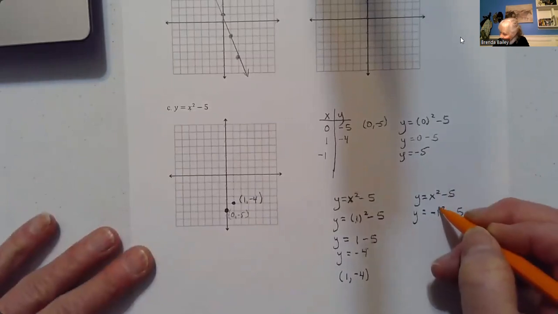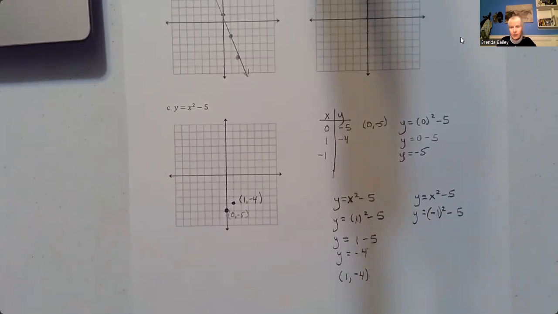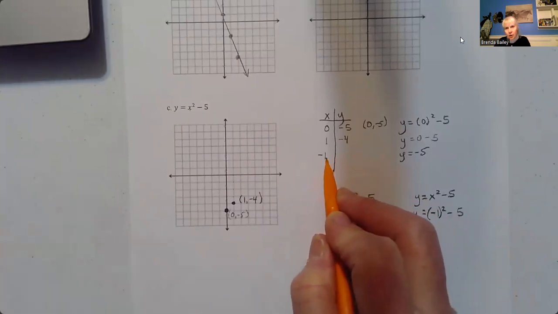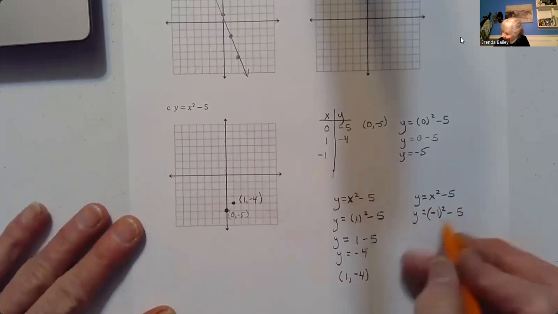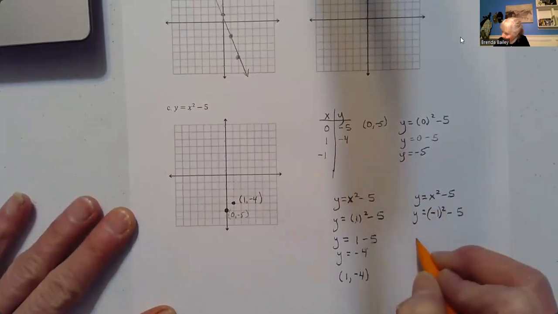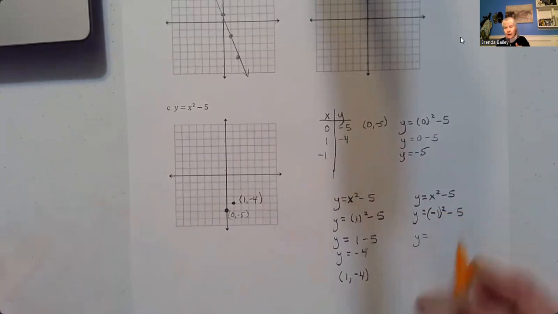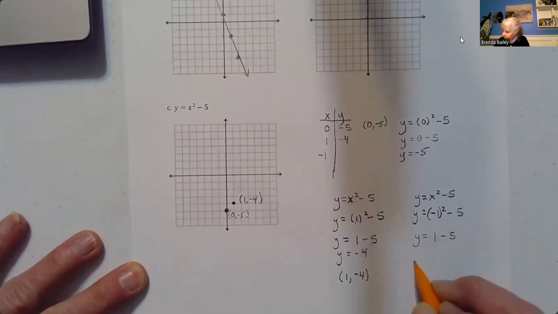So when you substitute in a negative, use the parentheses if you're going to use your calculator. So we're going to put in a -1 because that's the point we chose. Here, y equals -1 squared means a -1 times the -1, which is a +1, minus 5, which gives us a -4.